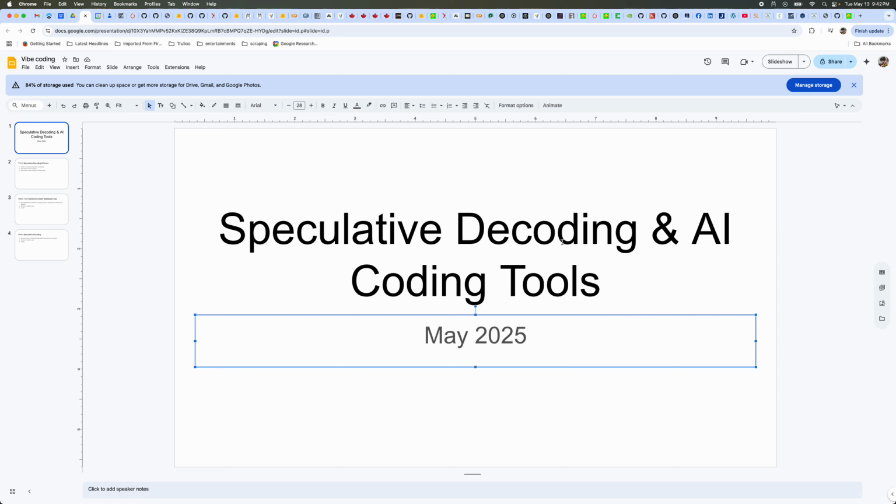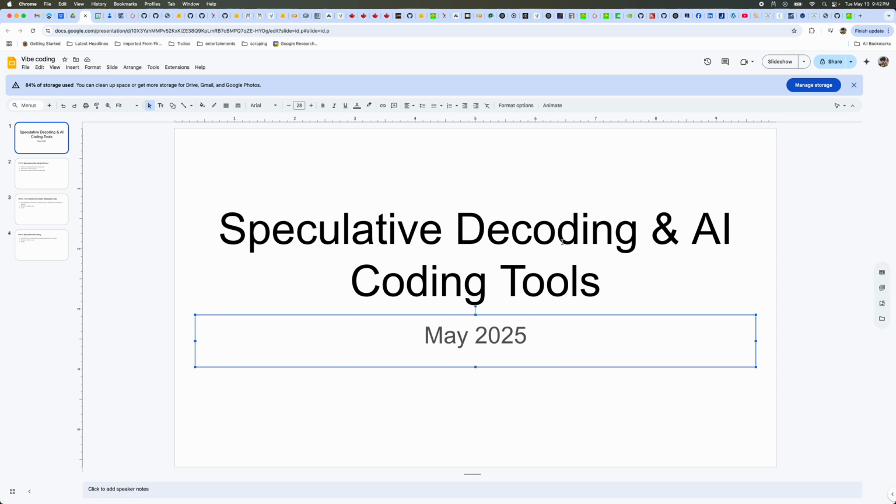So our overall goal is to discuss a relatively recent algorithm that was developed by researchers almost 2 years ago in the area of generative AI.